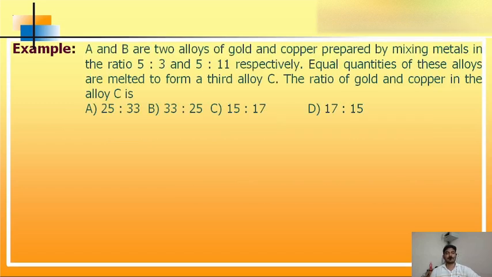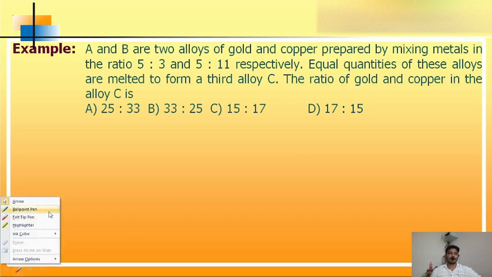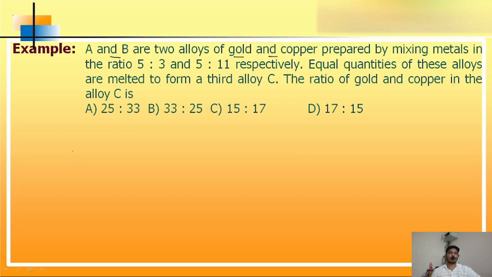And here is the first question. What does this question mean? There are two vessels, A and B, which are two alloys of gold and copper. So this is alloy A and this is alloy B, and each contains gold and copper, prepared by mixing the metals in the ratio of 5 is to 3 and 5 is to 11.